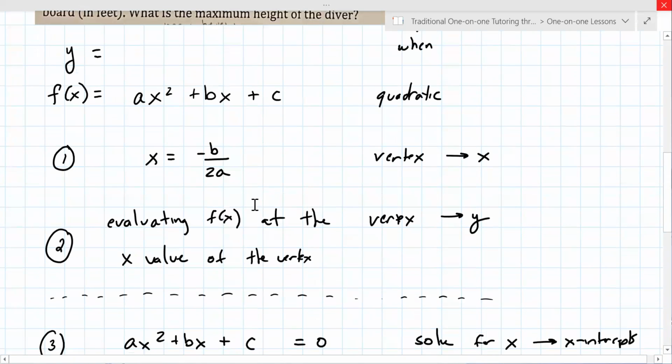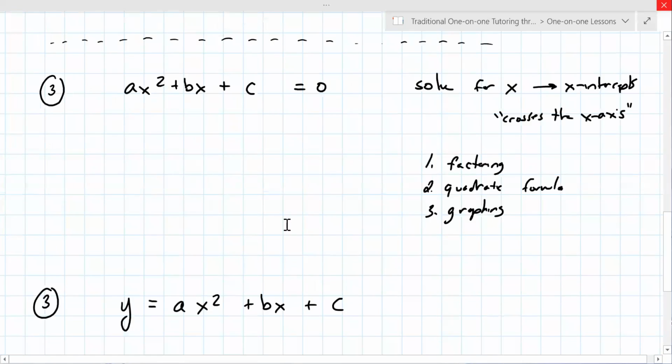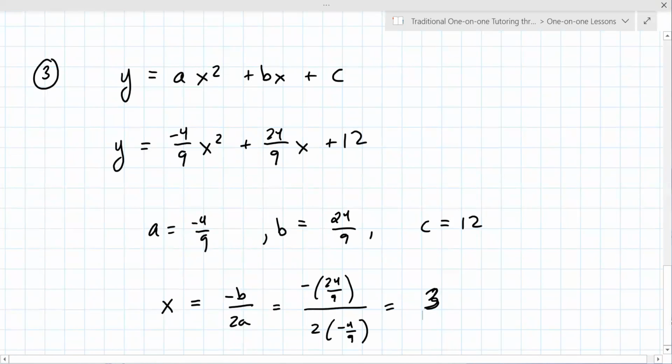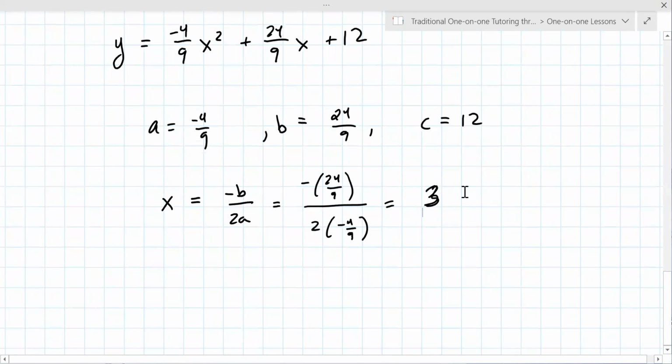If you go back up to what I wrote here, I said evaluating f of x at the x value of the vertex. So we just found x. So we have to take this 3 and put it back in for x. To find the y value of the vertex, you take this 3 value that we found and you put it in wherever you see an x.